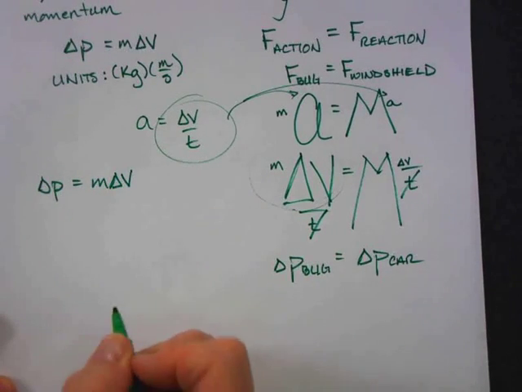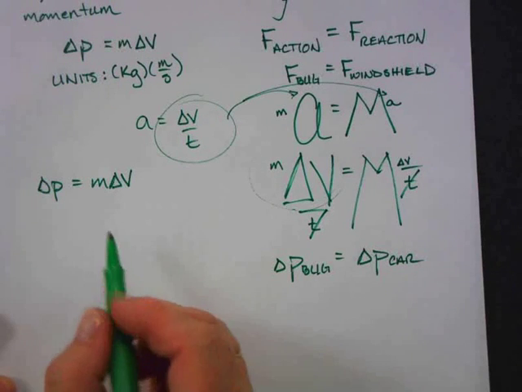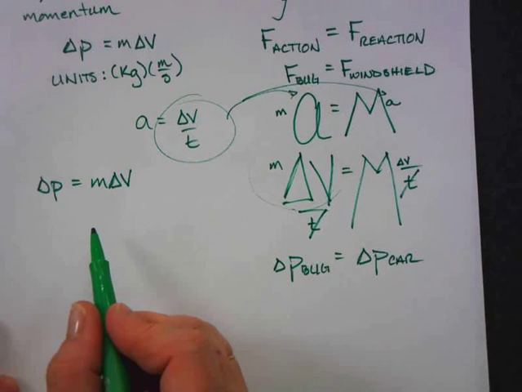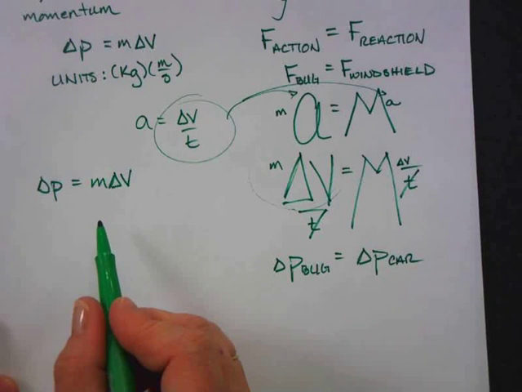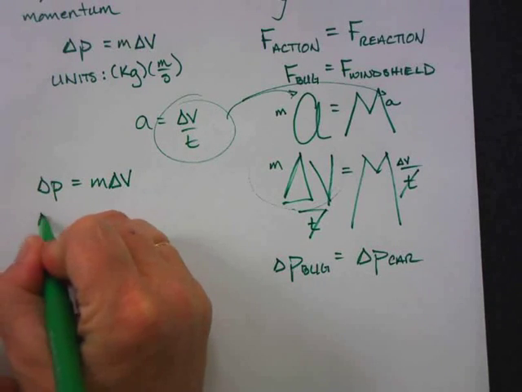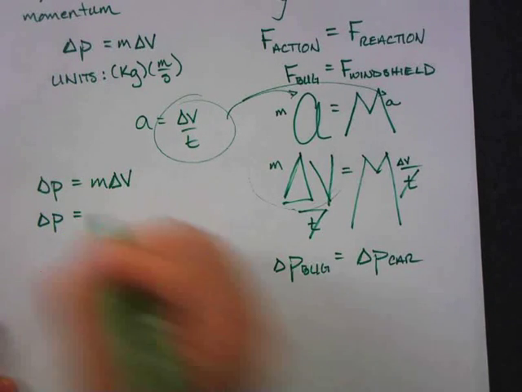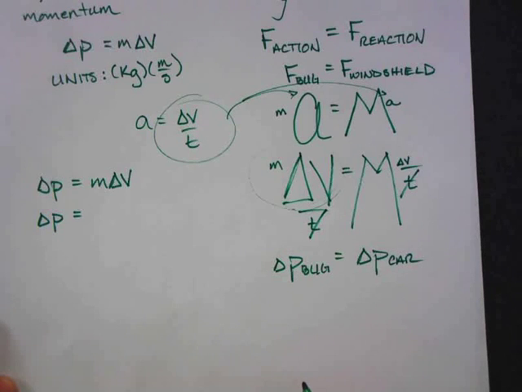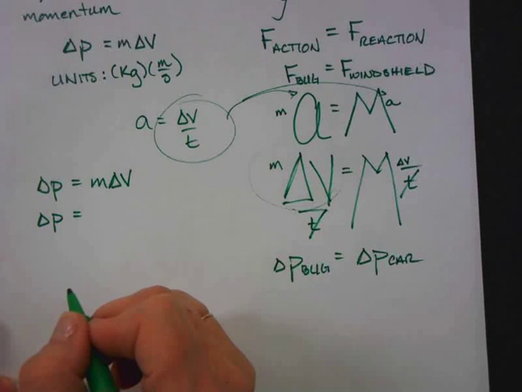So change in momentum is equal to mass times change in velocity.